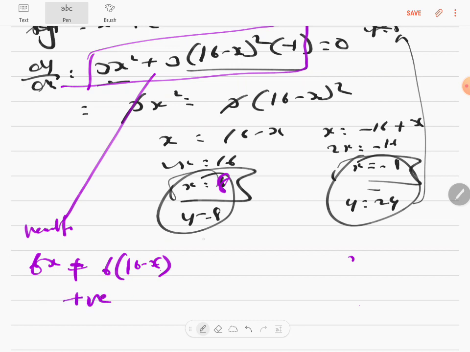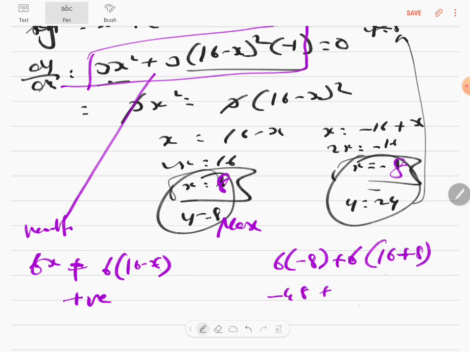So therefore this corresponds to maxima. Put x is equal to minus 8. It will be 6 into minus 8 plus 6 into 16 minus of minus 8, which is plus 8, minus 48 plus 24 into 6, which is 144, positive.